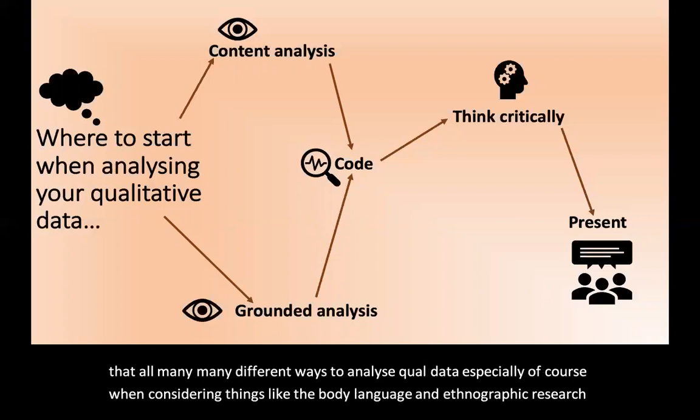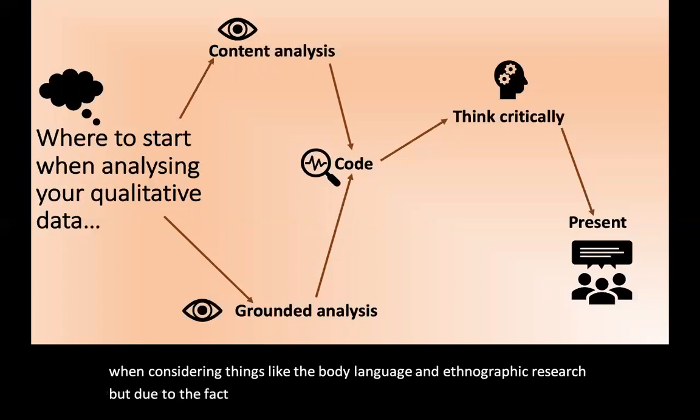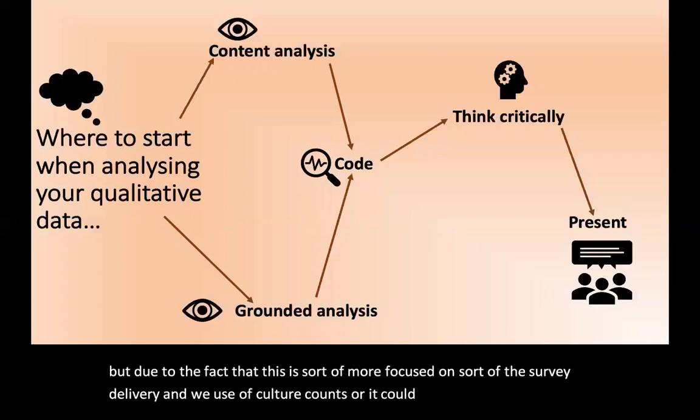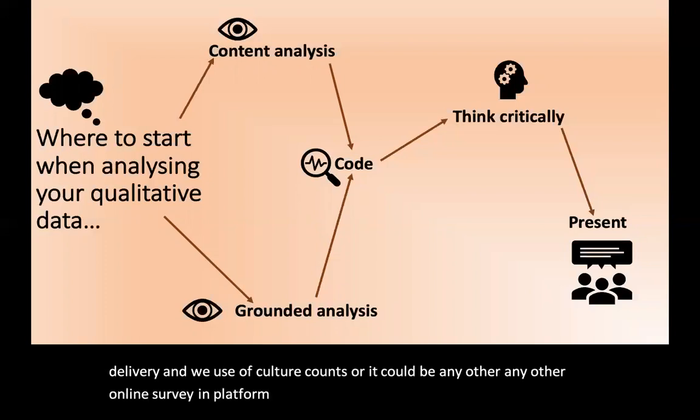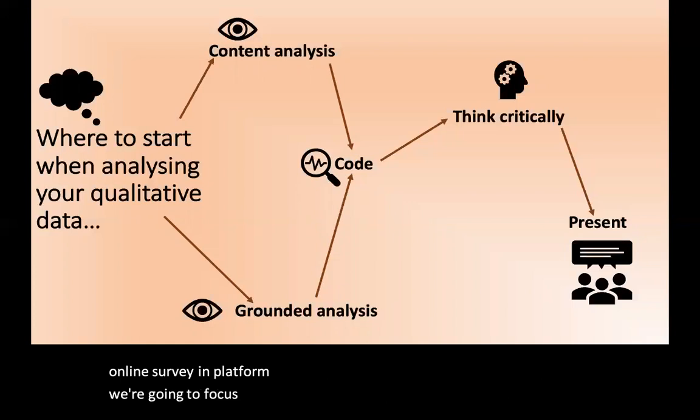But because this is more focused on survey delivery and the use of Culture Counts, or of course any other online surveying platform, we are going to focus specifically on two analytical methods. You've got content analysis and grounded analysis.